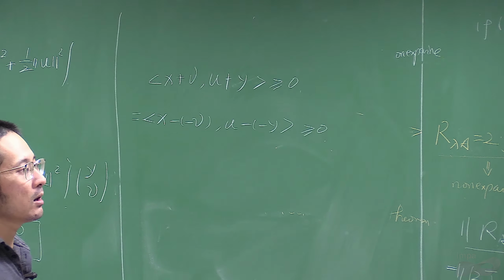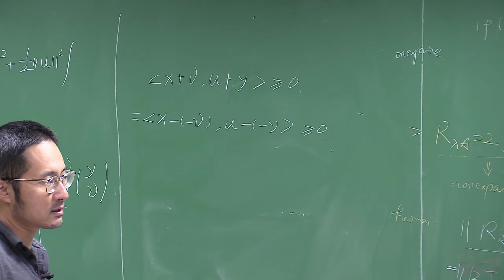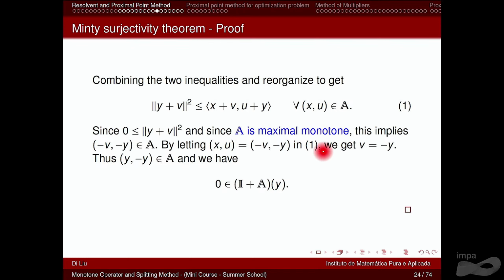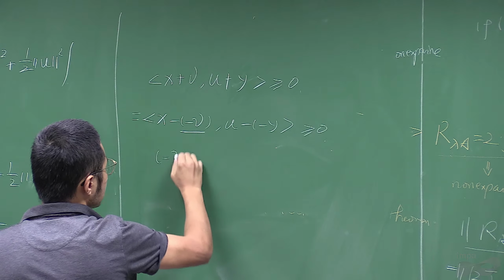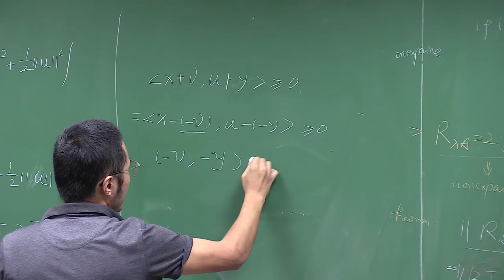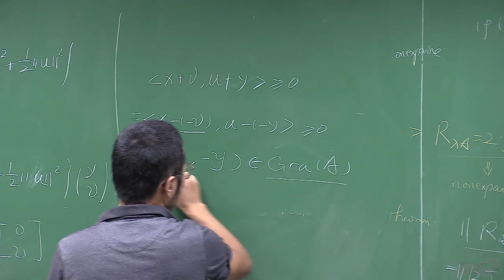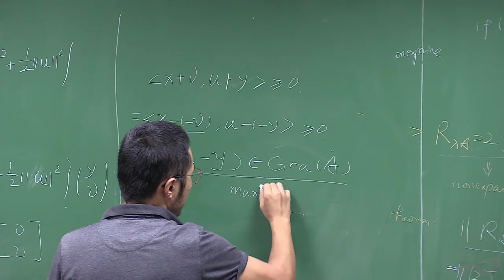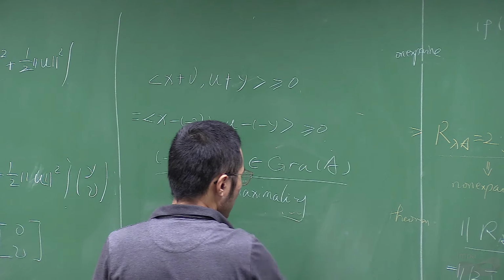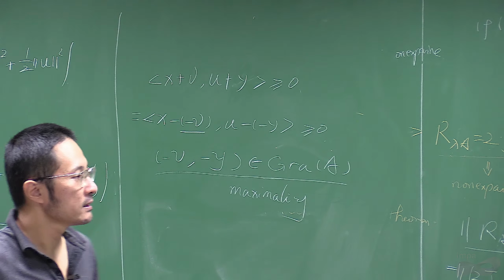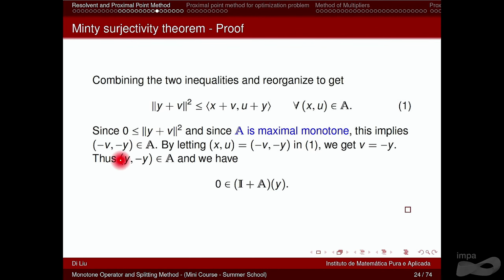It means we cannot find another monotone operator S such that the graph of A is contained properly in the graph of S. So, which means this pair minus V minus Y belongs to the graph of A. This is because of the maximality. Okay, so we have this pair minus Y minus V belongs to the operator graph of A.